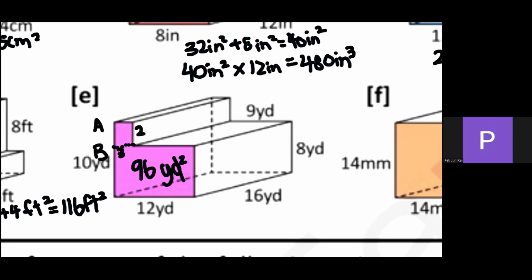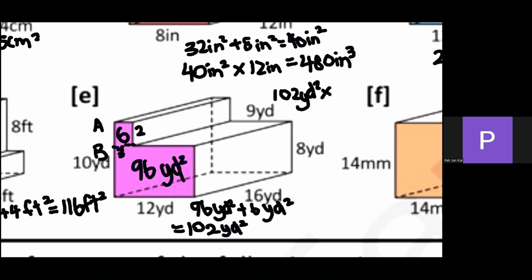So it would be 6 yard here. So 96 yard square plus 6 yard square, we would get 102 yard square. We take 102 yard square and multiply it by the length 16 yard, we will get 1,632 yard cube. Sorry.